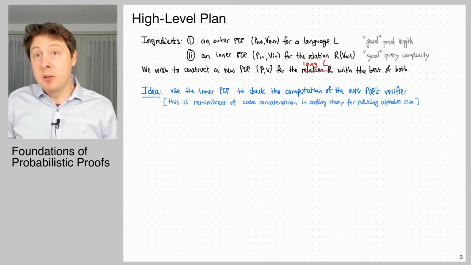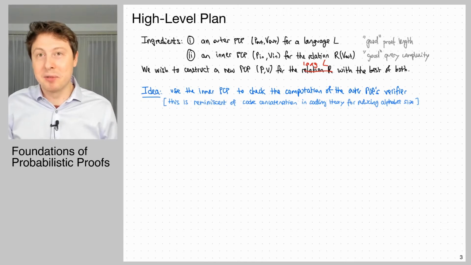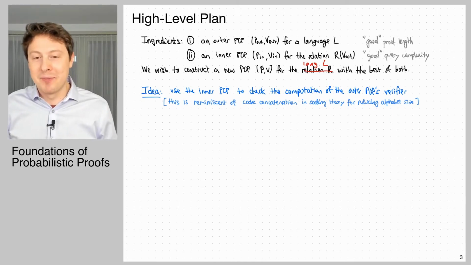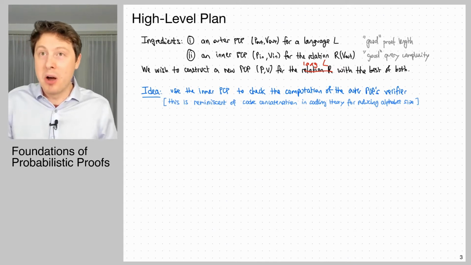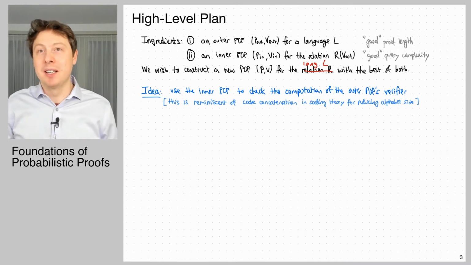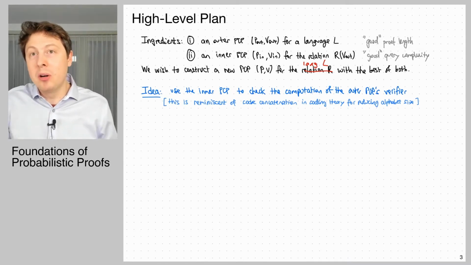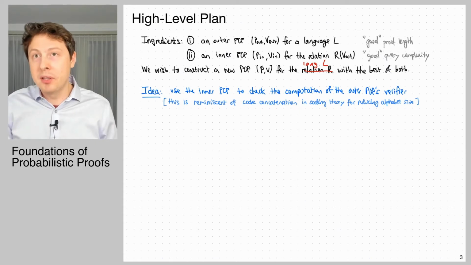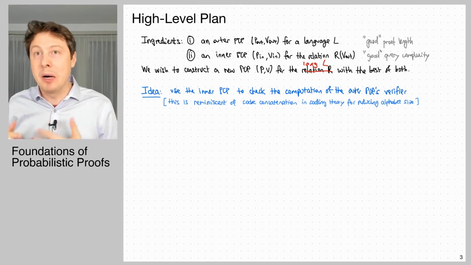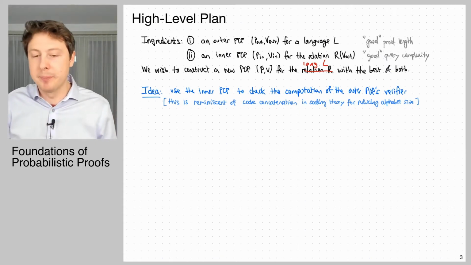This sounds almost like a forced move, right? If we have an outer PCP that has good proof length but okay query complexity, we can either throw it in the trash, but that doesn't sound very wise, or we can try to not run the verifier and instead run a PCP about its verifier. That's roughly the idea.